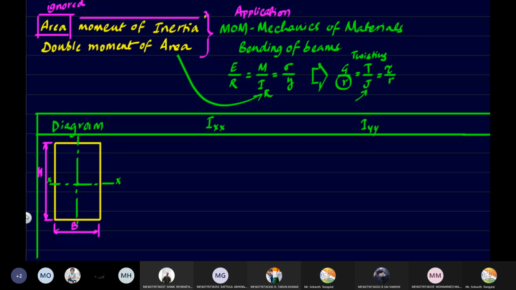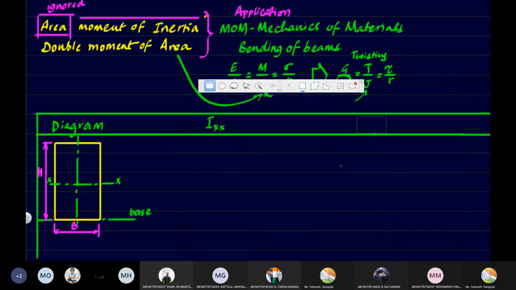And let's take one more axis here. Let's call it the base axis. Both these formulae will come together: IXX, IYY, and here let's write I11 or I base.